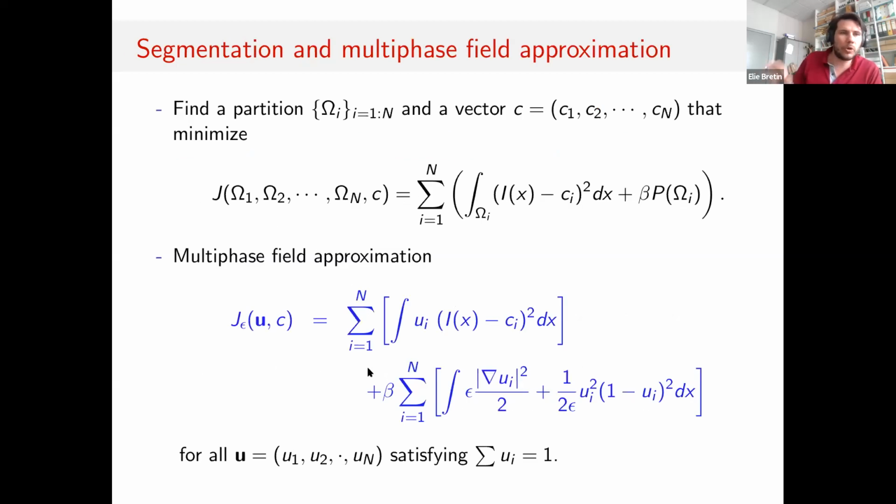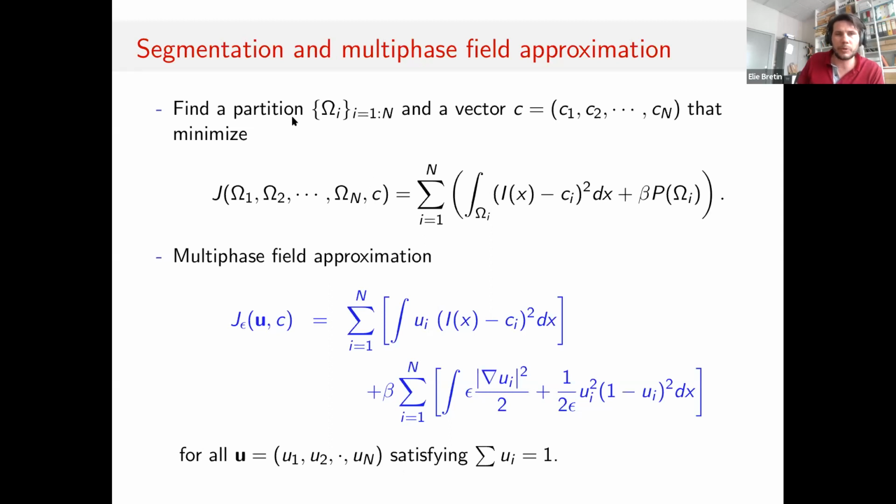If I come back to the segmentation model, I want to find a partition, and we can simply introduce an approximation in the sense of gamma convergence of this segmentation model, which consists simply in introducing a vector where each component is associated to one phase, omega i, and approximating the perimeter of omega i by the Cahn-Hilliard energy applied to the i-th component of u.